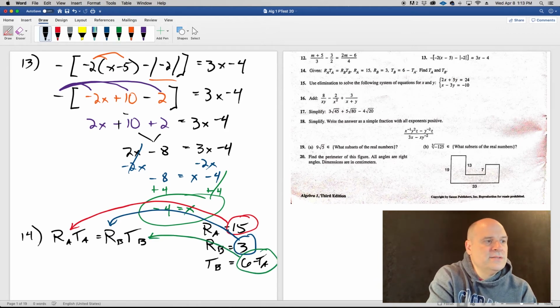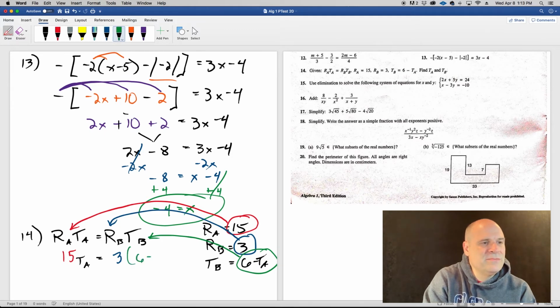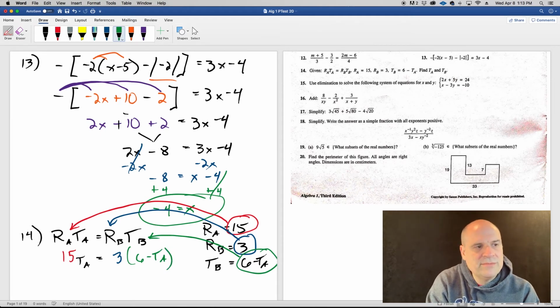So the only thing that we're not replacing is this T of A. So let's plug in 15 for RA, so 15 now times TA equals RB, which is 3, times TB, which is 6 minus TA. And remember, we need those parentheses there because this is RB times all of TB. If you just had 3 times 6 minus TA, that doesn't work. You have to multiply 3 times all of T of B, okay?